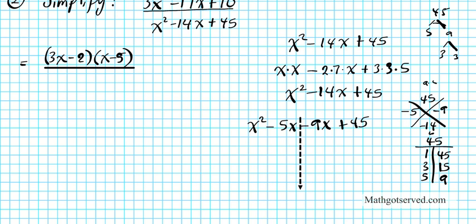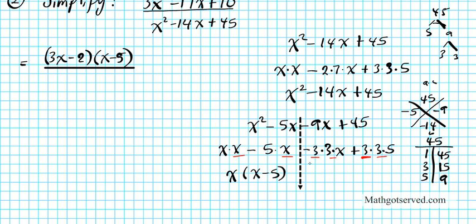So we're going to have x times x minus 5 times x, and then minus 3 times x plus 3 times 3 times 5. Now, on the left side, we take out an x. So we take out an x, we'll have x minus 5. On the right side, we'll take out 3's.